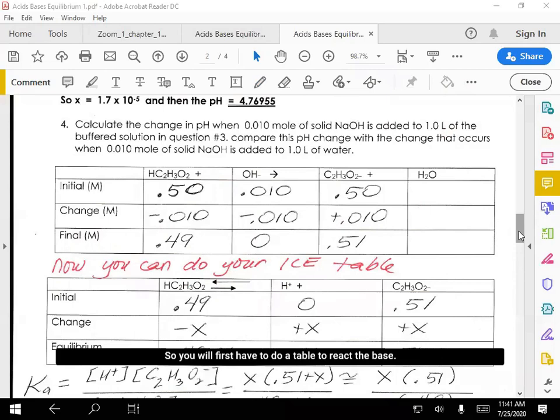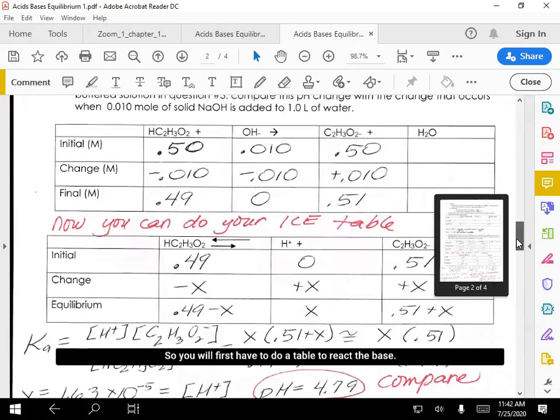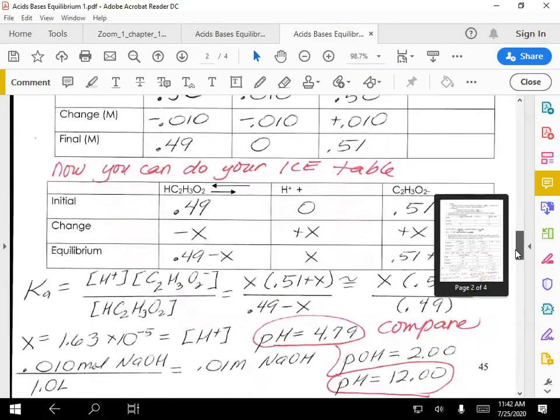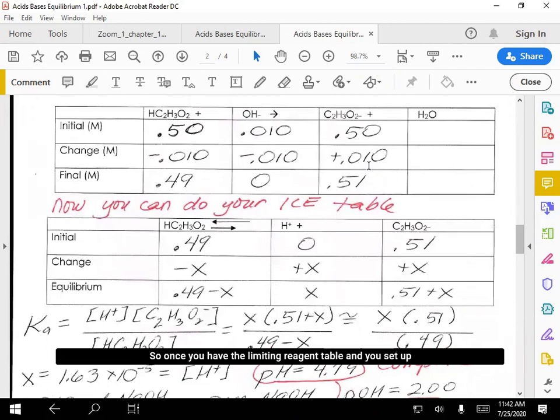So you will first have to do a table to react the base. This is a strong base with the weak acid, and this is a limiting reagent table. So once you have the limiting reagent table and you set up your ICE table, then you do the reactions just like we've been doing before.